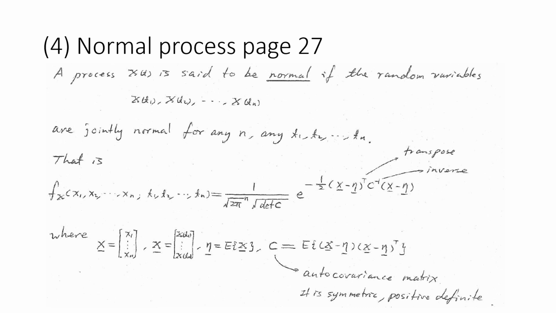Eta equals E[X] and C equals the expectation of (x minus eta) times the transpose of (x minus eta). And actually the distribution of each individual random variable is normal.